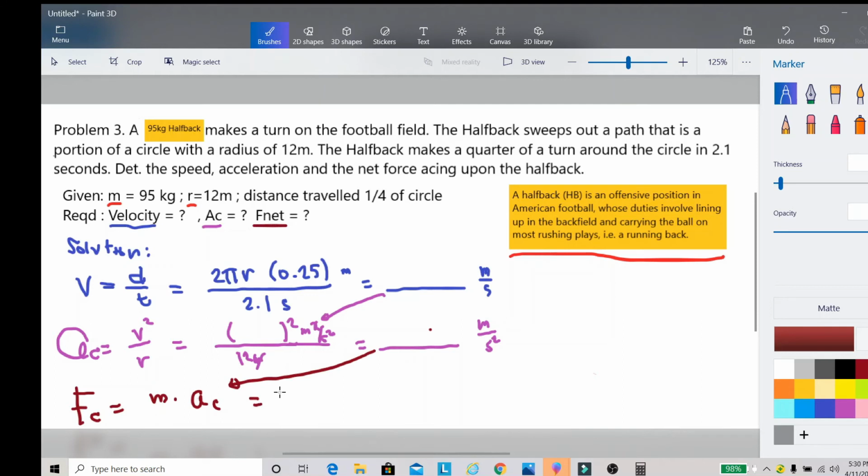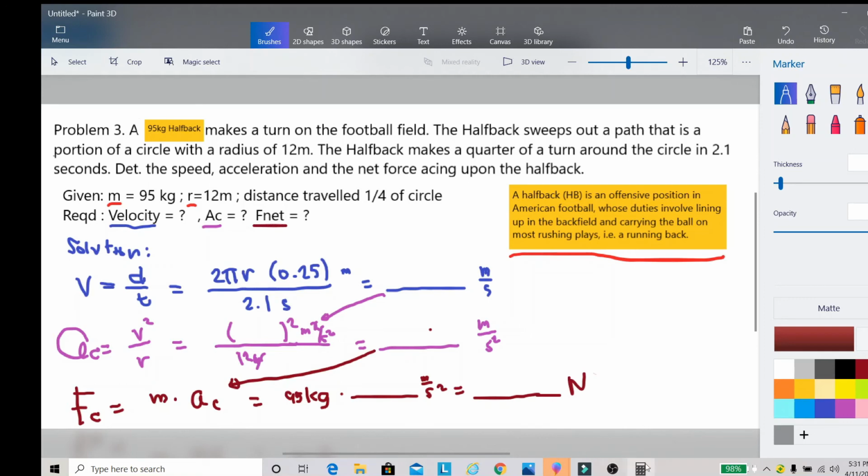Therefore, we have here the mass, which is 95 kilograms, and that will be multiplied by the value of this one, in meter per second squared. So we will be arriving at an answer with a unit of newtons.